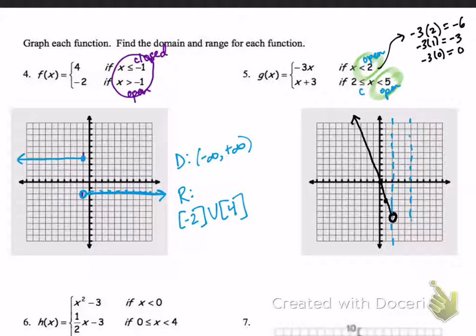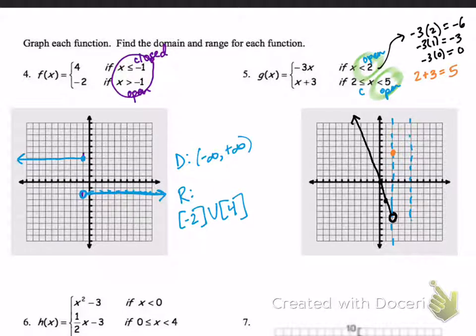Okay, and then the next one, so I'm going to graph the second function. I have two domain restrictions, so it's going from 2 to 5. So I'm going to plug in x equals 2, and I'm going to plug in x equals 5. So when x equals 2, I have 2 plus 3. That gives me 5. So the ordered pair 2, 5, would it be an open or a closed circle?